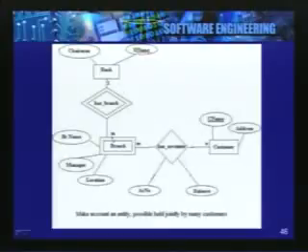Now we need to introduce branch as an entity. Now branch, as we said earlier, is a weak entity. So we show it by a double rectangle, and the fact that branch is a weak entity and depends on bank is shown by a double diamond connecting the strong entity and the weak entity.